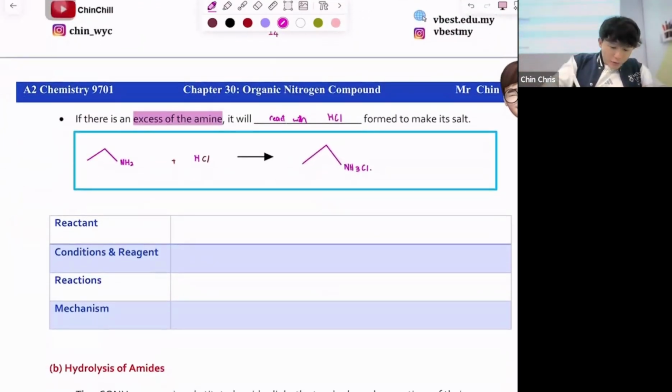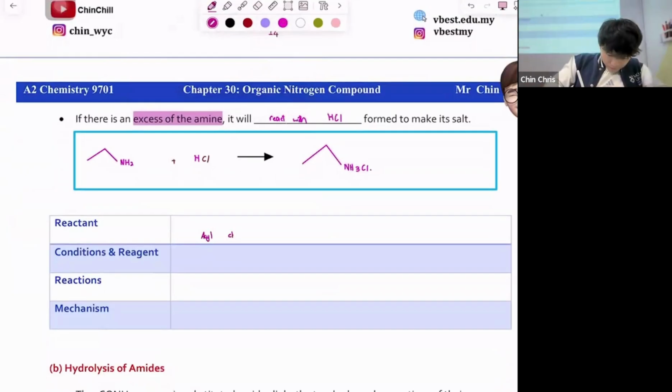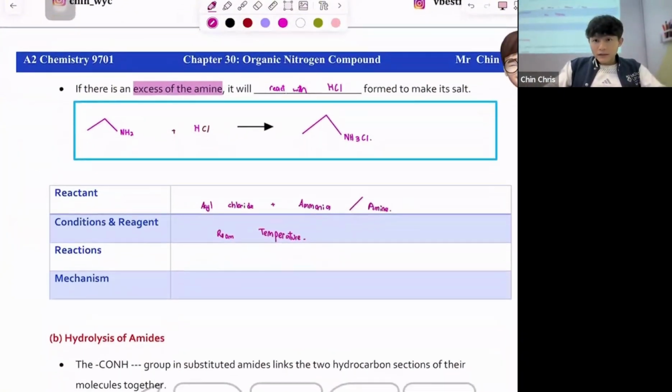All right, guys, now let's look at the reactant. So the reactant, what do we need? We need an acyl chloride added with either an ammonia or an amine. Condition and reagent. Again, guys, acyl chloride is very reactive, so room temperature will do. It can make N,N in excess, but later I will show you how.